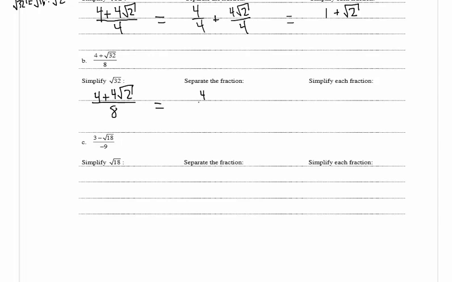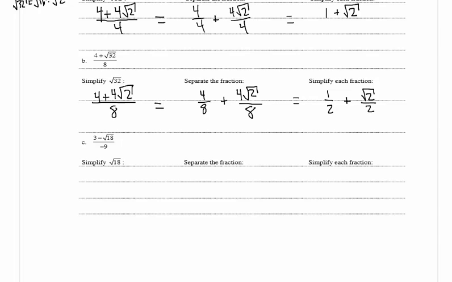So we have 4 divided by 8 plus 4 square root of 2 divided by 8. And now 4 divided by 8 can be simplified to 1/2. Plus 4 divided by 8 is 1/2 again, and then we have times the square root of 2. So we have the square root of 2 divided by 2.